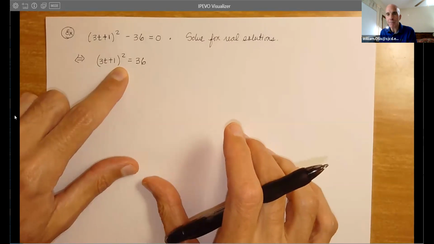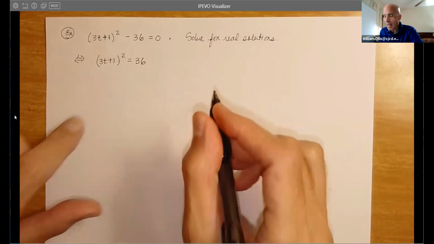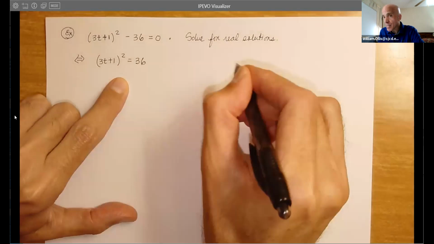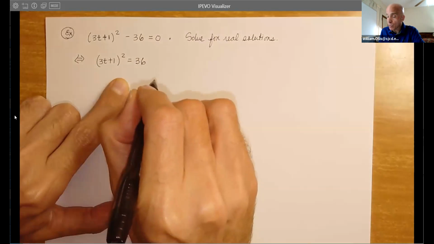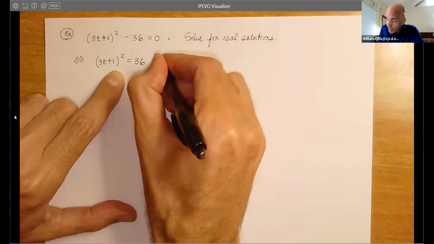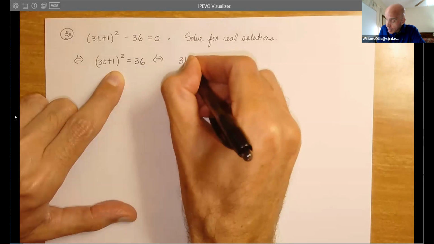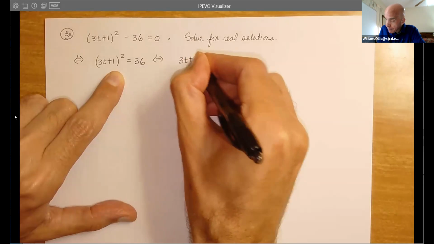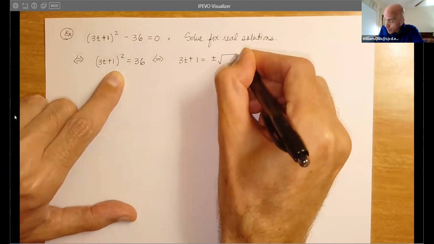Remember, math is all about what? It's all about recognizing patterns and then utilizing our manipulation of algebra to take advantage of the patterns. Now, equivalently, the square root property will have 3t + 1 is equal to plus or minus the square root of 36.